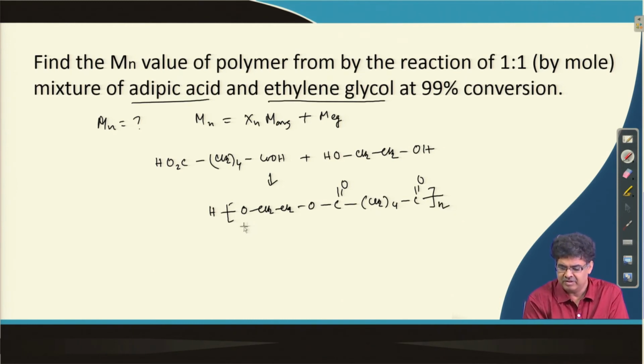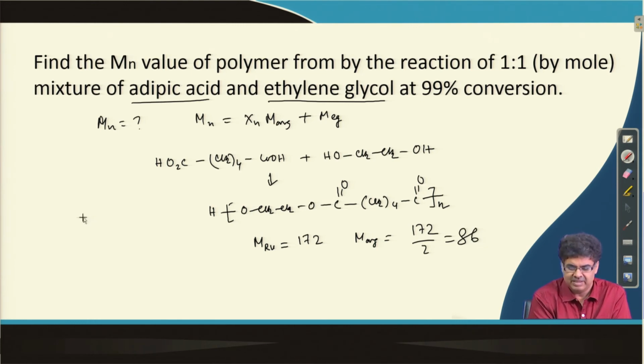The molecular weight of this repeat unit is 172. So, M average, which is the average of the structural unit, would be 172 by 2, which is 86.